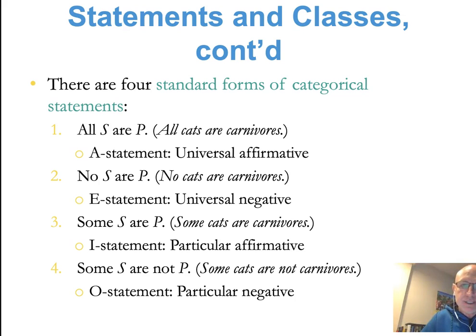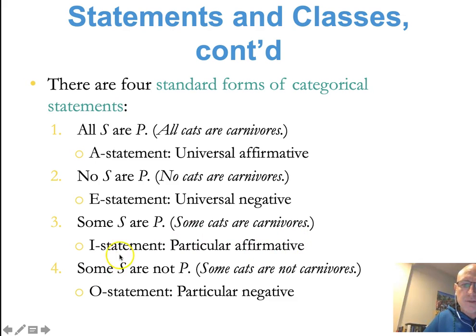Then no S are P. Now you move to the E statement, which is the universal negative. So the A statement is the universal affirmative, all cats are carnivores, and the E statement is the universal negative, no cats are carnivores. Then we have the I statement, a particular affirmative: some cats are carnivores.